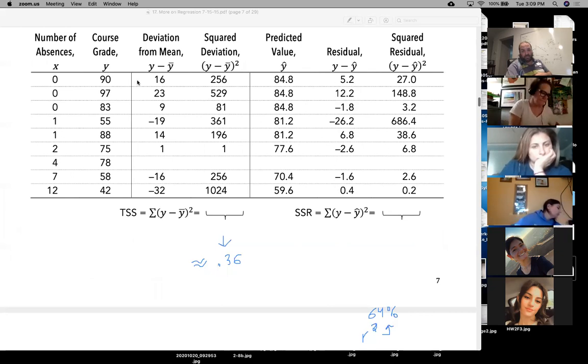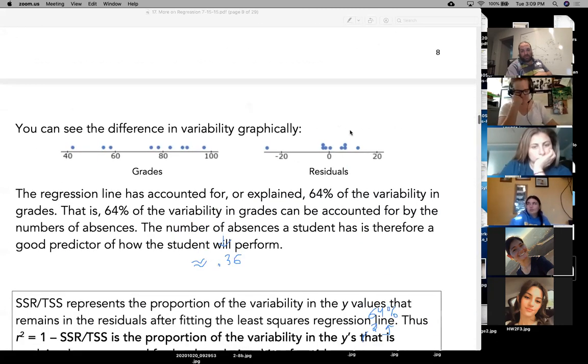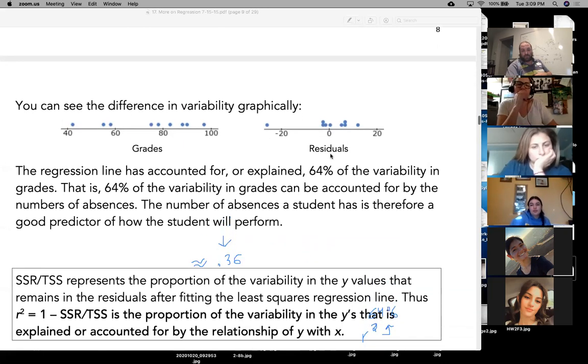The actual grades are 40 to 90 something, but the residuals are much smaller and tightly packed. The SSR is much smaller than the TSS because for the SSR, the numbers are much closer together.